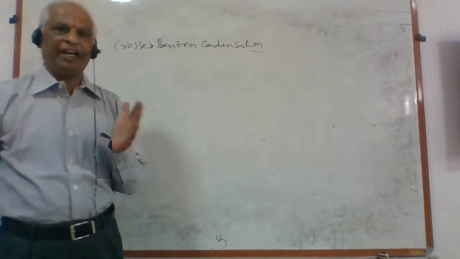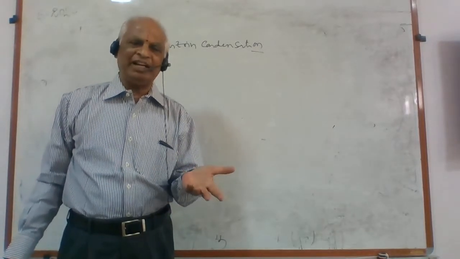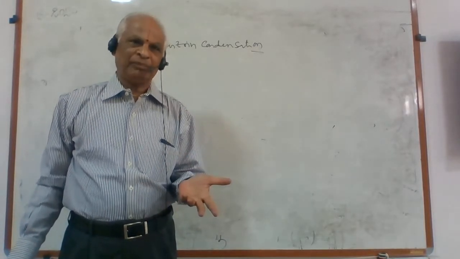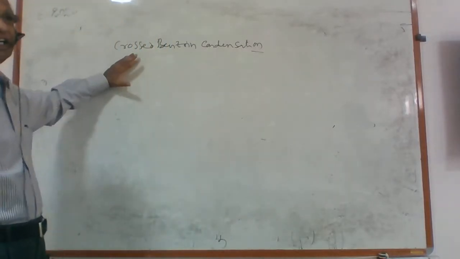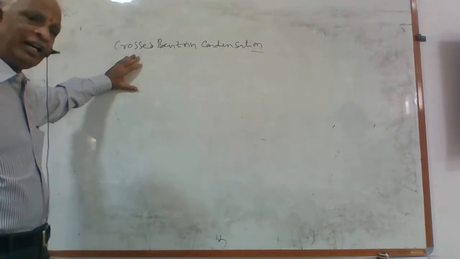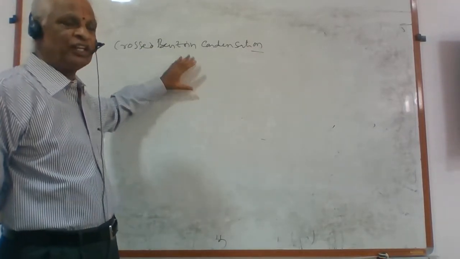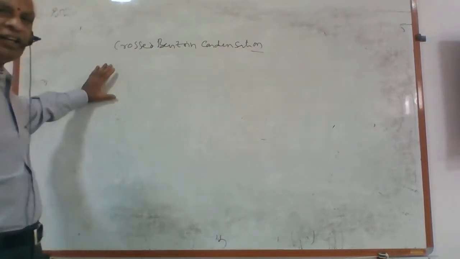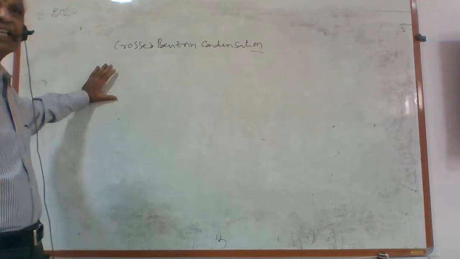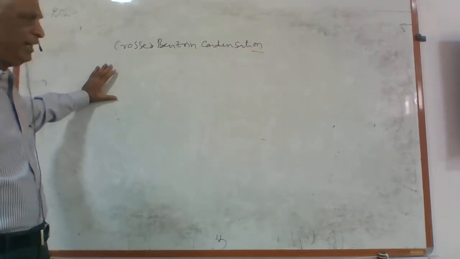That means para-dimethylaminobenzaldehyde is unable to form a benzoin. Para-nitrobenzaldehyde is unable to form a benzoin. Now, what is called a crossed benzoin condensation reaction? Already I have told you that among the two aldehyde molecules, one aldehyde's purpose is to generate a carbanion. The second aldehyde molecule is a good acceptor of the nucleophile, otherwise called a carbanion.